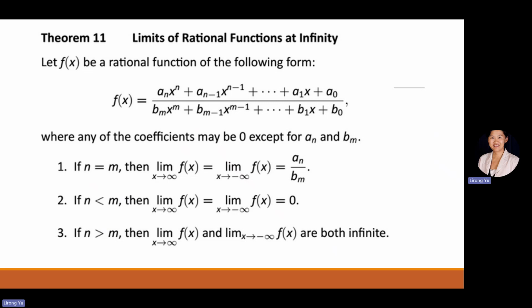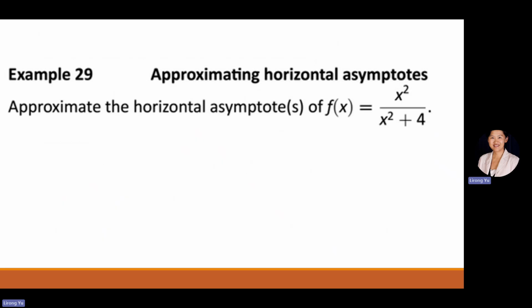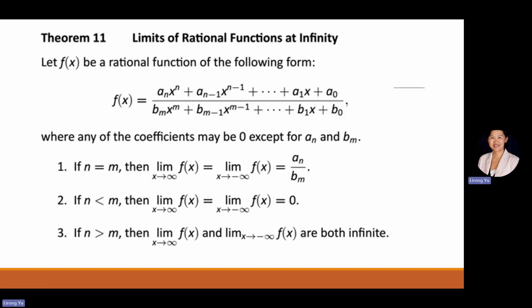If the numerator and denominator have the same degree, like the one that we already had in this example, x squared over x squared, we have the same degree, so the horizontal asymptote is x squared over x squared, which equals 1. So 1 will be a horizontal asymptote, right? So the first case: if the numerator and denominator have the same degree, the horizontal asymptote would be the ratio of those coefficients.